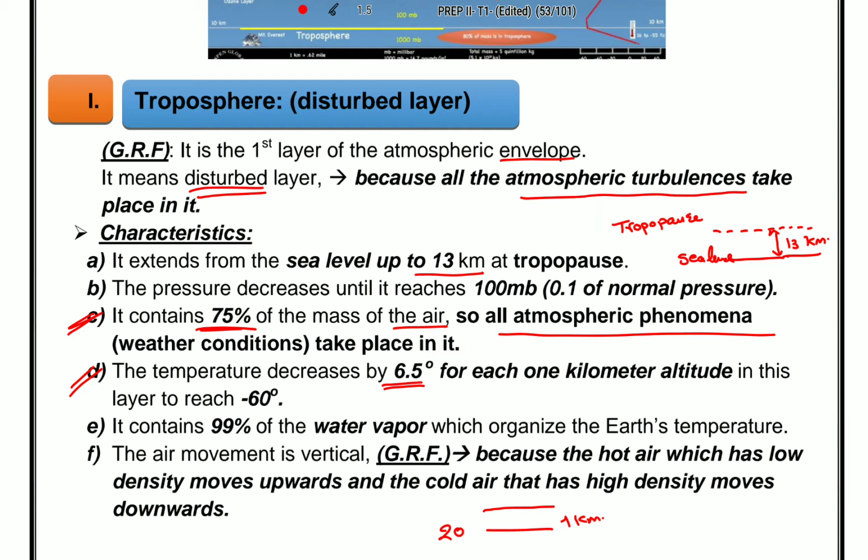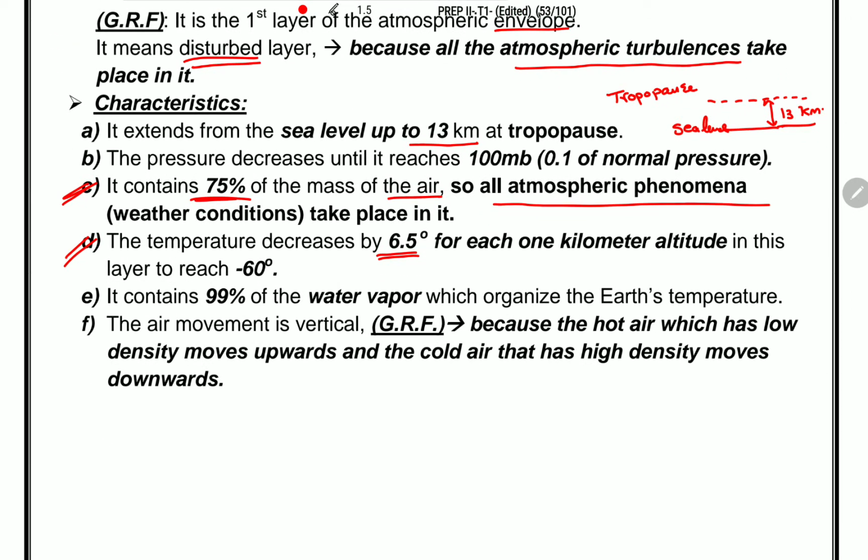So the temperature is going to be 20 minus 6.5, which gives 13.5 degrees Celsius. So for each 1 kilometer up, the temperature decreases by 6.5 degrees.